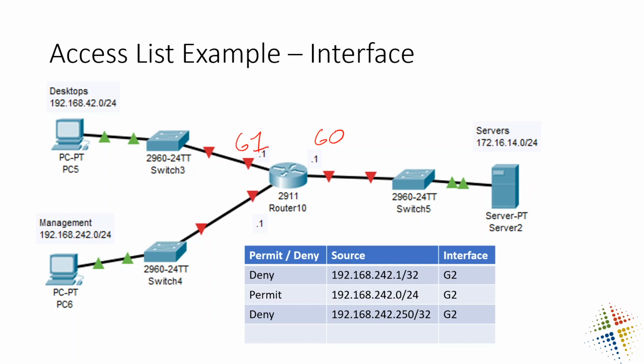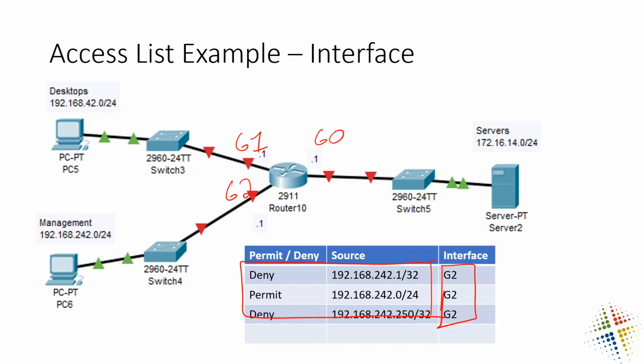Above that is gigabit 1, and then this is gigabit 2. So now we're able to be a little bit more specific and say these rules, these denies and permits, only apply to this interface. That's why I was saying in that last step with the implicit deny, it didn't quite fit the way I described it, because you actually apply these rules to the interface.